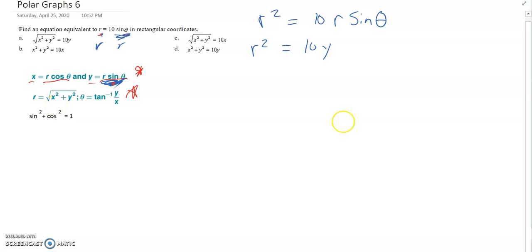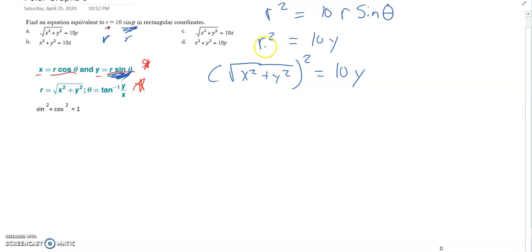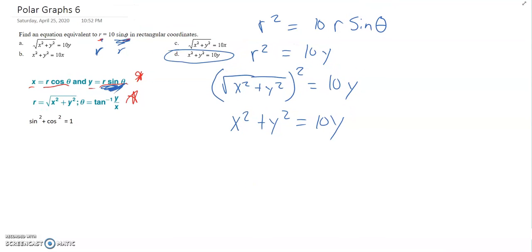So if I plug in the square root of x squared plus y squared for r, it's supposed to be squared because it's r squared. The square root and the square cancel out, so you get x squared plus y squared equals 10y, and it should be one of the answer choices because we don't necessarily have to solve for y. So answer choice D is what we should have ended up with on this one.